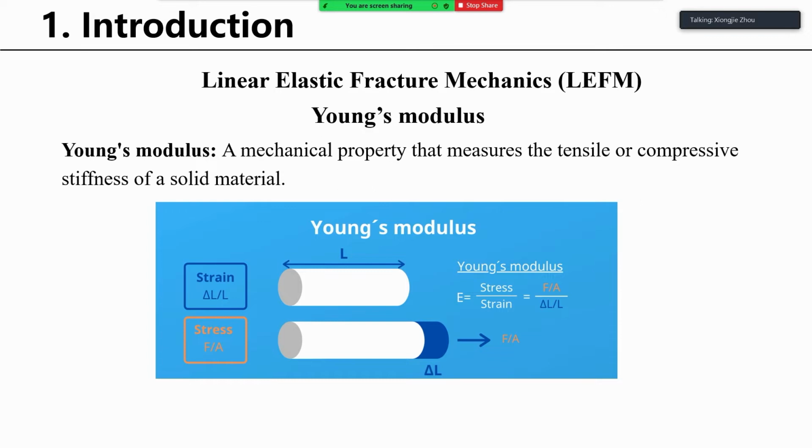For instance, I attached this, you can see from the picture. If you have a piece of material with length L, and the material is stiffer, then you need a bigger stress to extend it by a distance delta L. And if the material is softer, you need a smaller stress to extend it by the same distance.